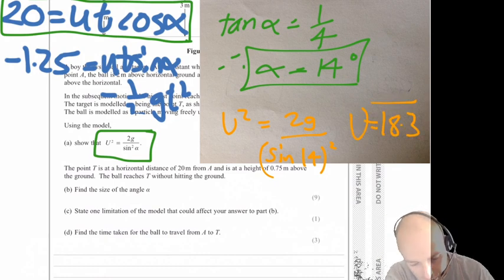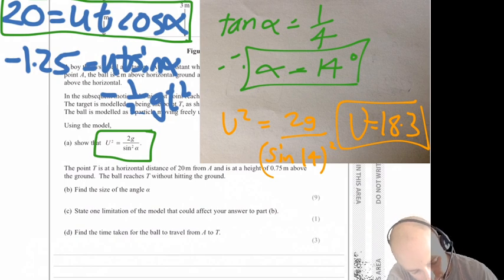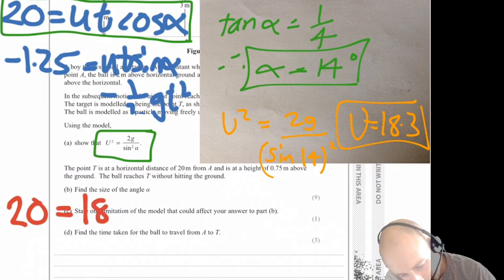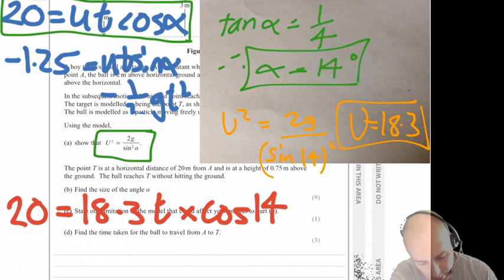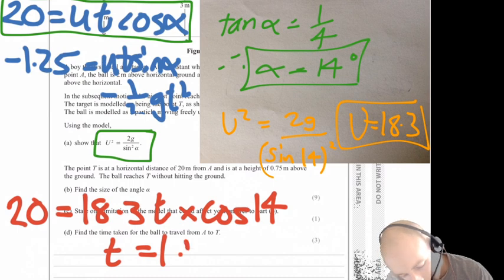So we've got U, we've got alpha. Let's put it all together. So we're going to get 20 equals 18.3 t times cos of 14. So t is going to be 20 divided by 18.3 times cos 14. So t comes out as 1.13 seconds.